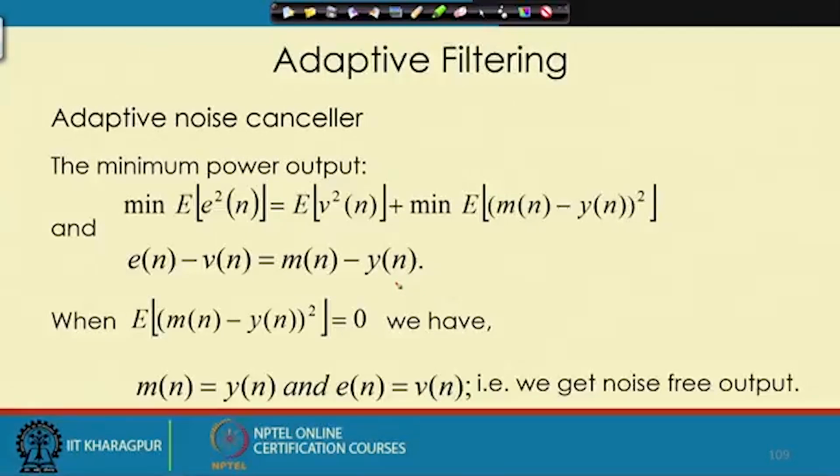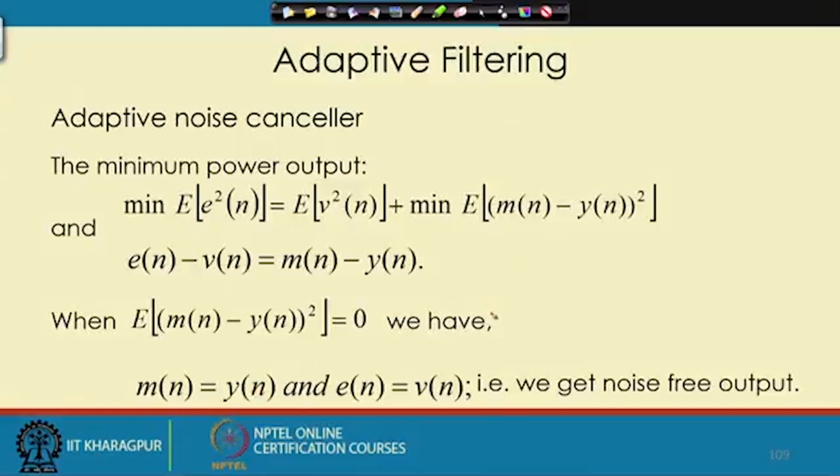So, if we can achieve this by minimizing the second term, the minimum value can be 0, because we are taking the square, so it cannot be negative. So, the minimum is 0. In that case, we get Mn equal to Yn, which means there is no error there.